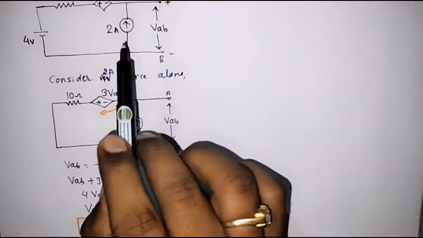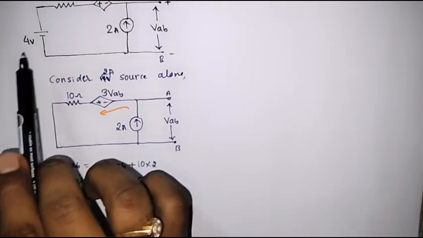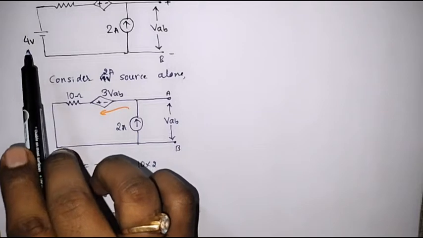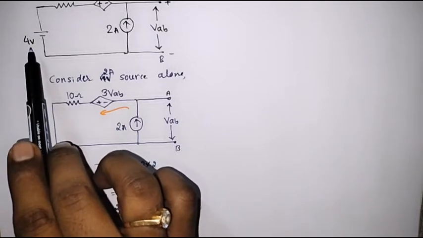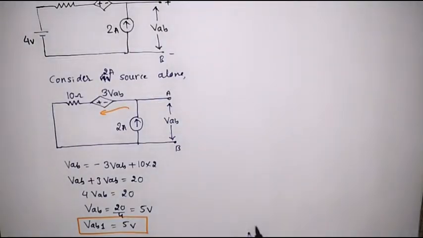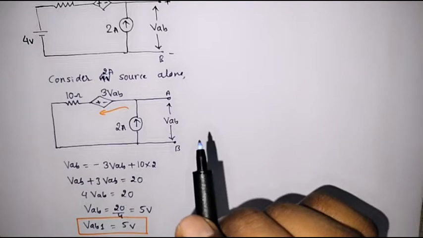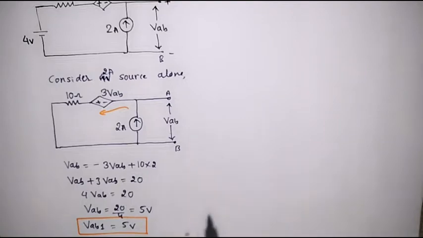So now we'll consider the other independent source, that is 4 volt alone. When we consider the 4 volt source, the current source, that is 2 amp, should be open circuited, because in superposition theorem the current sources should be open circuited and voltage sources should be short circuited.